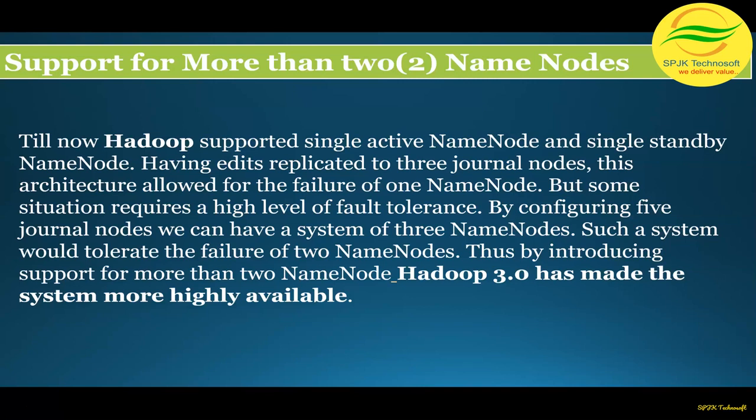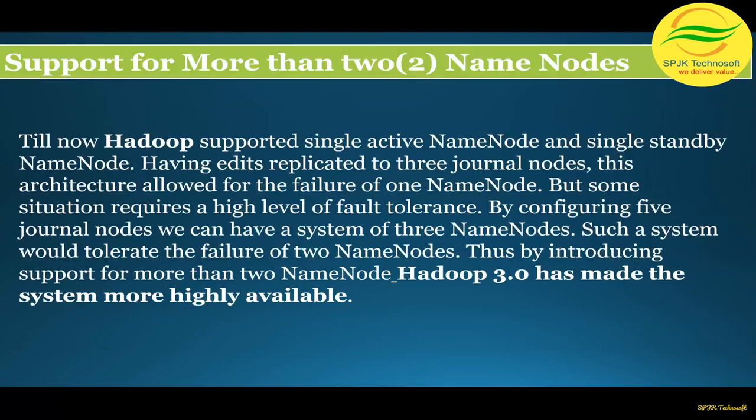But from this particular version 3 of Hadoop, we can have multiple name nodes, more than 2 name nodes, so that even if there is a failure, for example, if I have 3 or 4 name nodes and 1 or 2 of them go down, I can be assured that we have a name node which is still active, being monitored properly, and interacting with data nodes and other resources properly.